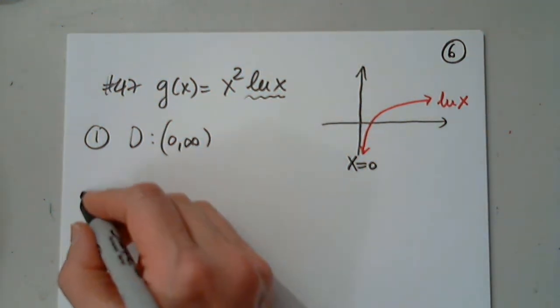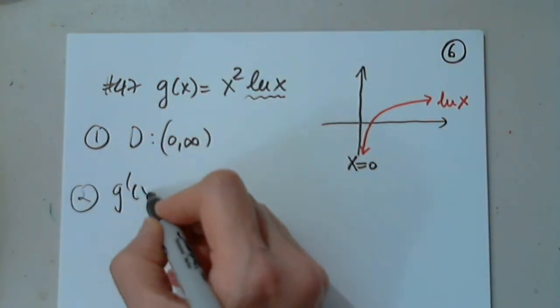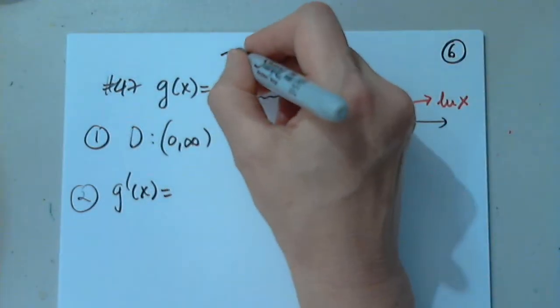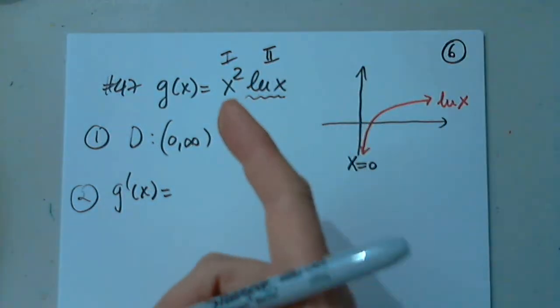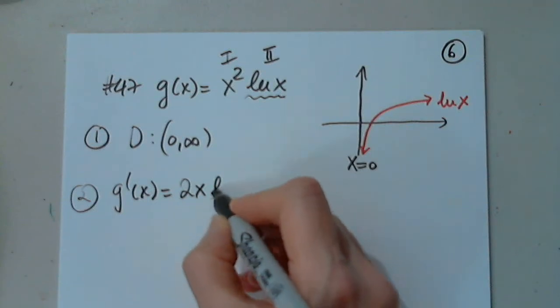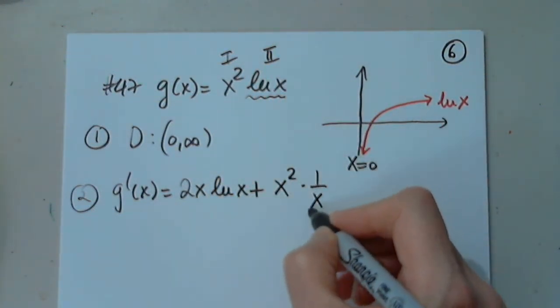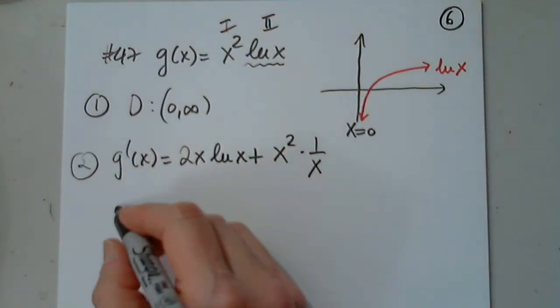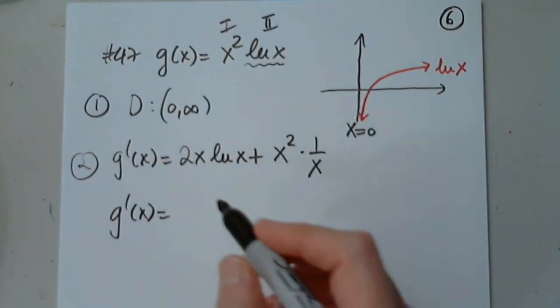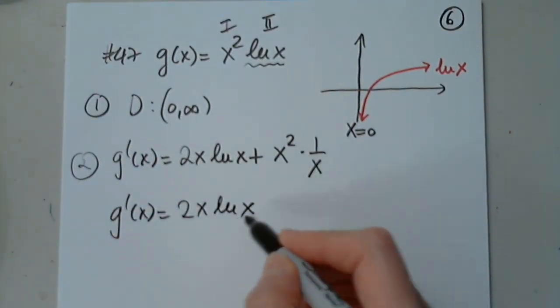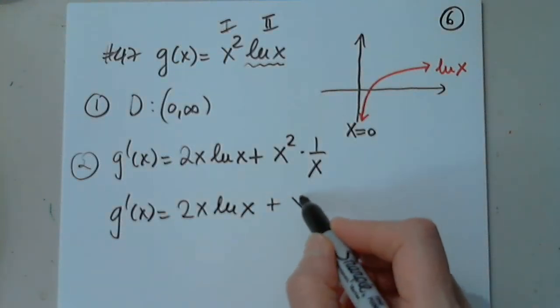Good. So in step number 2, we have to find g prime of x. It's the product rule. First function prime plus x squared times 1 over x. So then g prime of x equals 2x natural log x plus x.